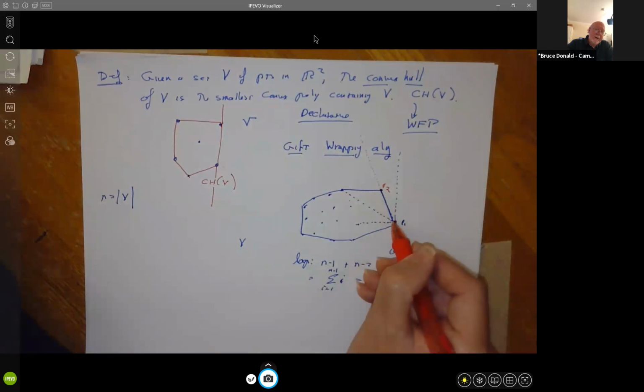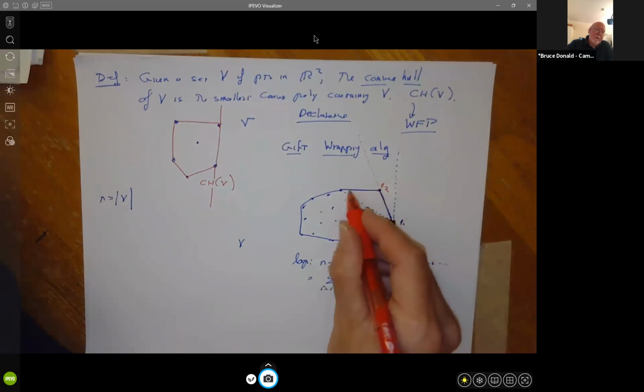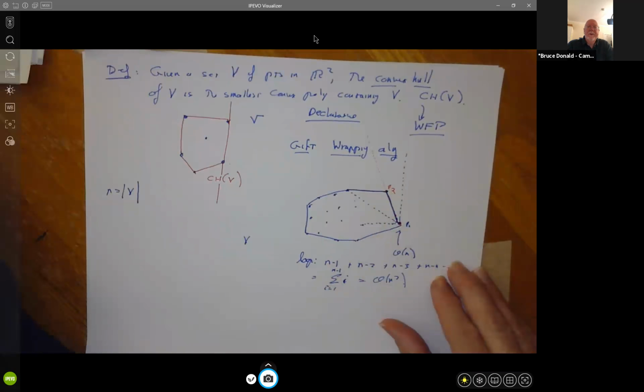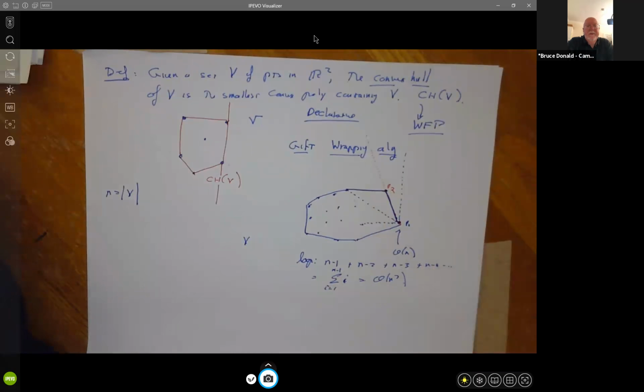But think of it here, when you have just P1 and P2, we don't know a priori that these points are inside, right? You have to compute that.